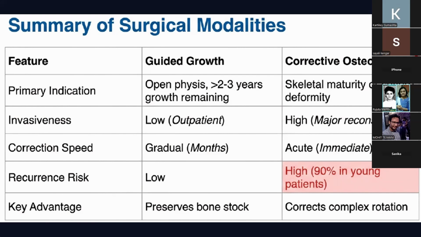We can perform an osteotomy later on if the deformity is not corrected completely with guided growth. The advantage of corrective osteotomy is that it corrects complex rotational and three-dimensional deformities at the same time.